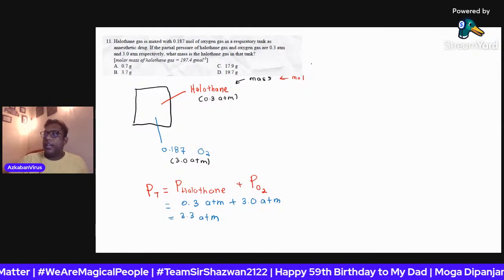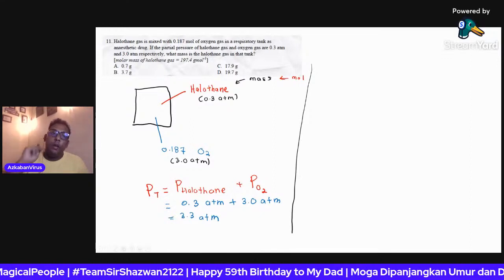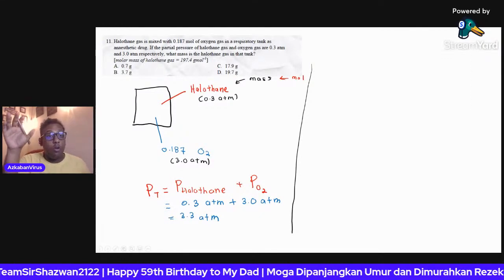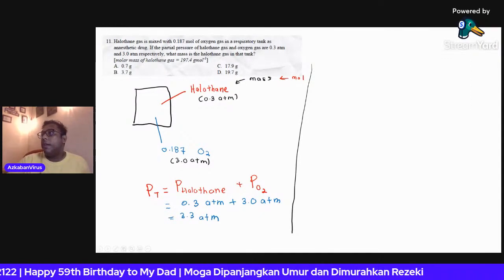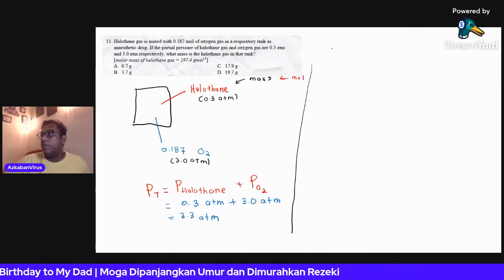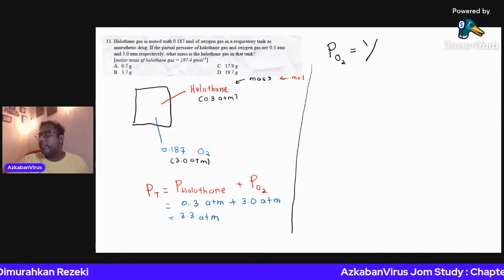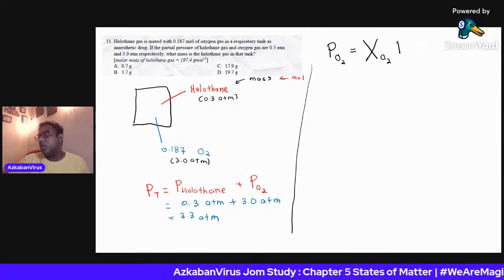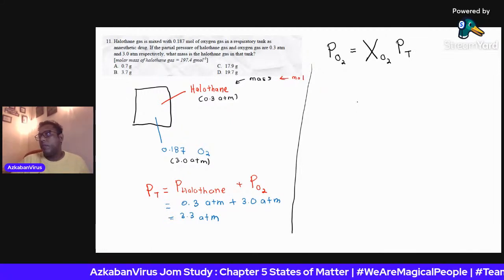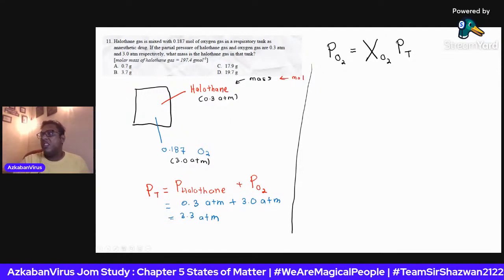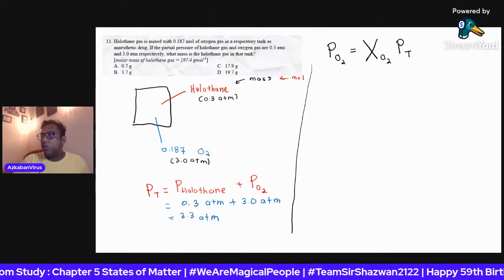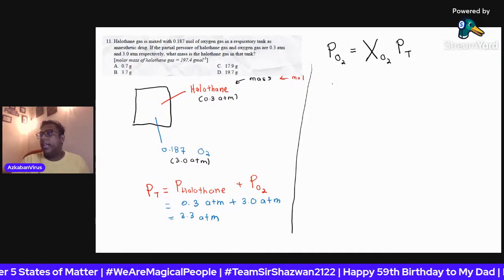Okay, trik dia ni sekarang ni adalah information yang banyak kita dapat daripada O2. So kita guna O2 tu dulu. We know that partial pressure of O2 is equal to mole fraction of O2 darab dengan P total. Okay, partial pressure of O2 adalah 0.3 atm.